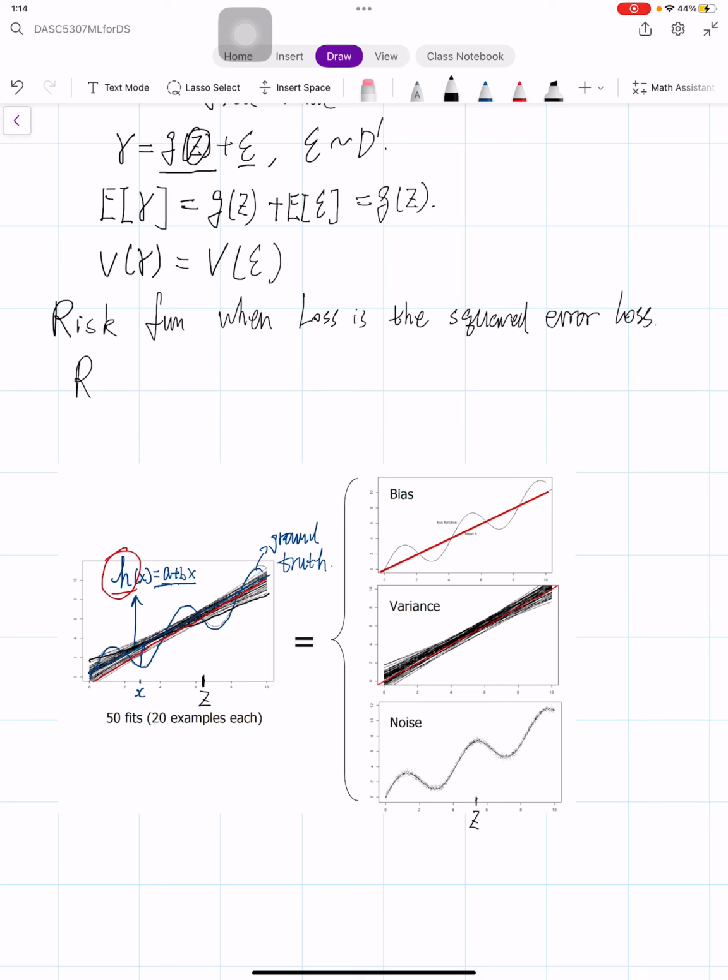So therefore we have the risk of some pre-assumed function h is just the expected value of the loss function between the predicted value at z and this gamma.